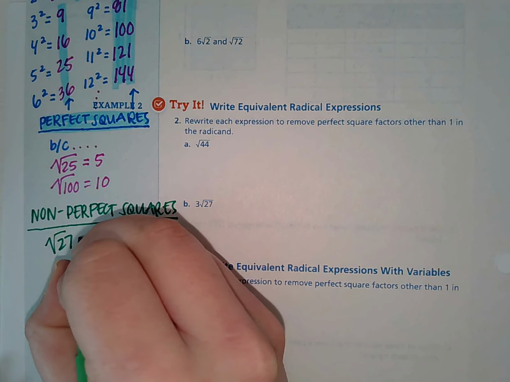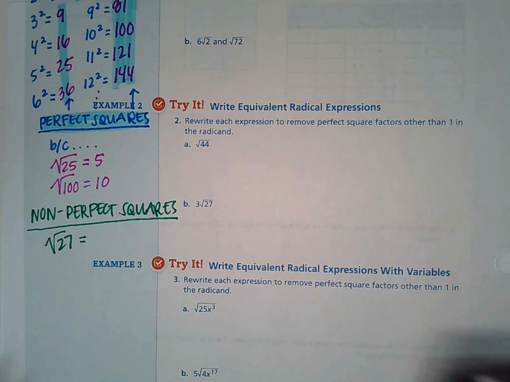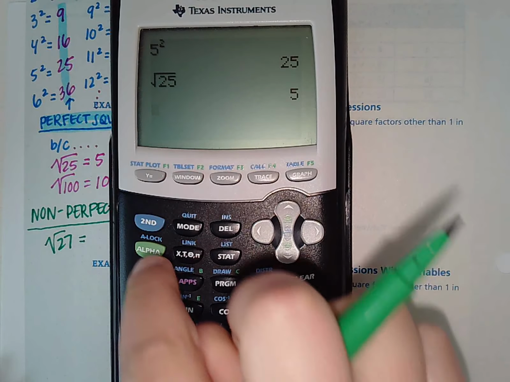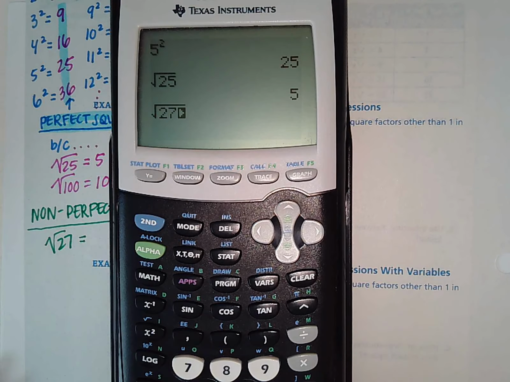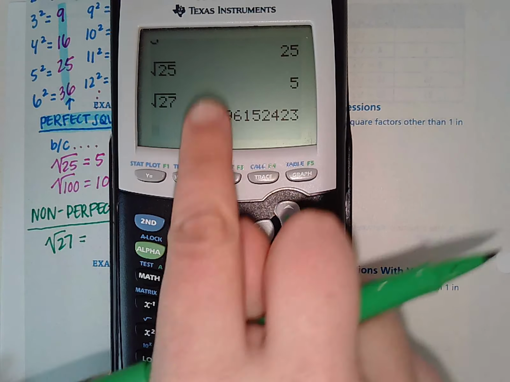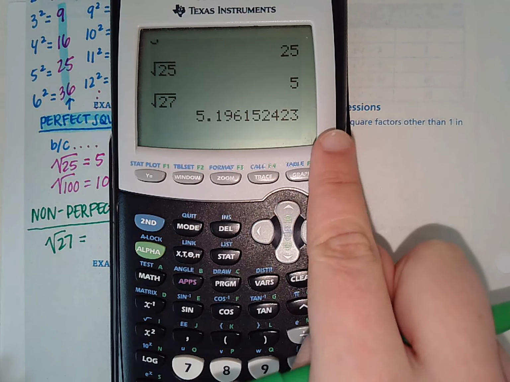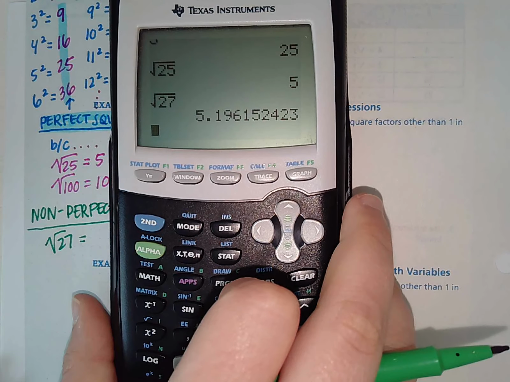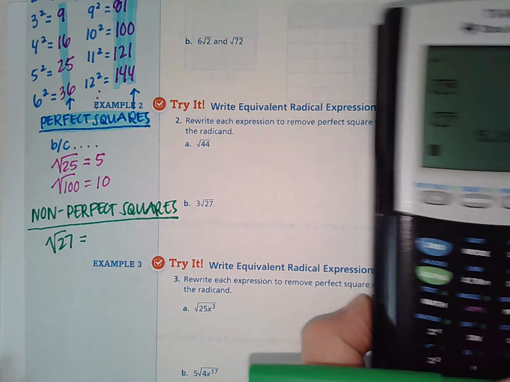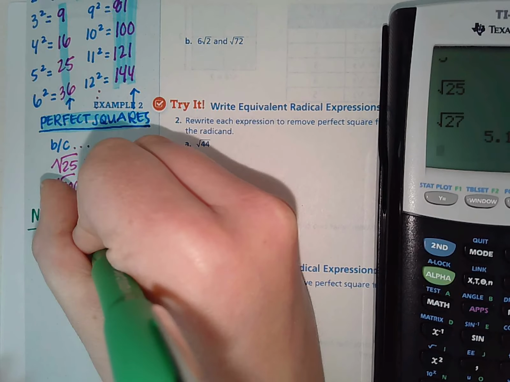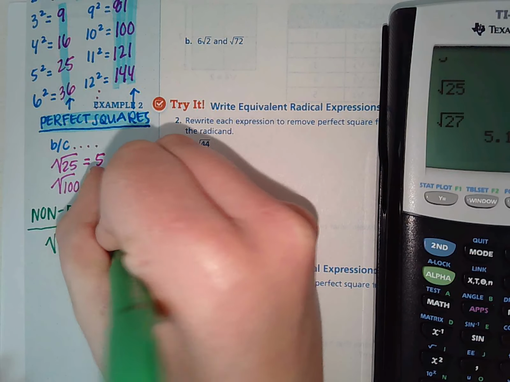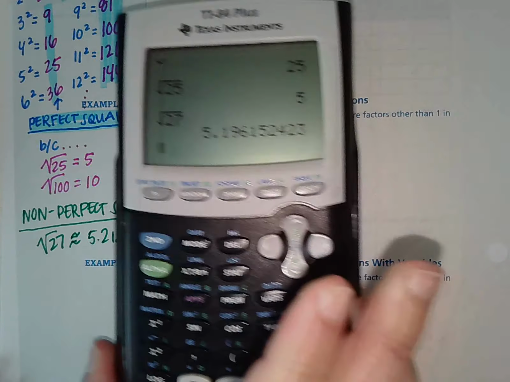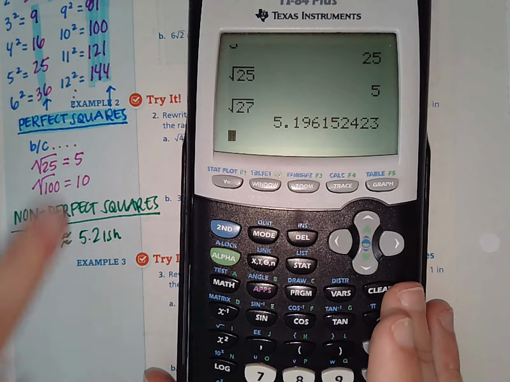If we plug that into our calculator, we would get the square root of 27. We get this decimal, and it has a bunch of numbers, and these numbers actually go on forever. So if we wanted to round this one, we could say it's around 5.2-ish.